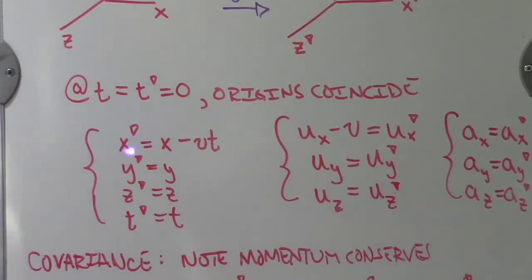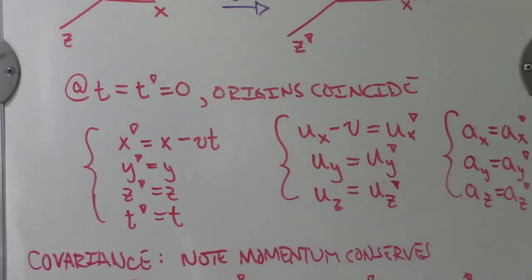First, we get that x prime is equal to x minus vt.